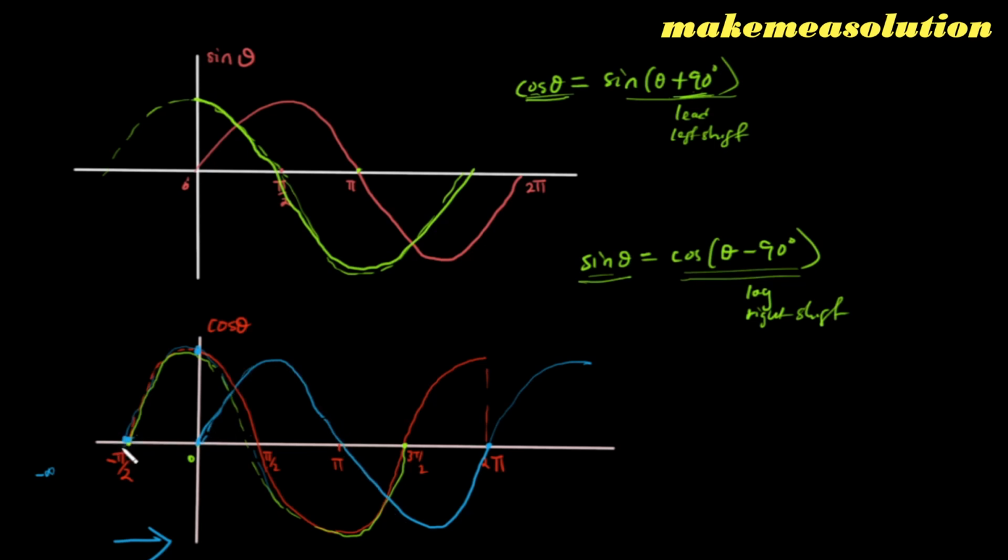So when you move the cos graph to the right, or when you lag, or delay the cos graph by 90 degrees, what you get is the sine graph in this way. So I want you to get the picture of what is happening. You understand? Especially those of you that might want to do signal processing, you should know all these small tips very well. They are very important.